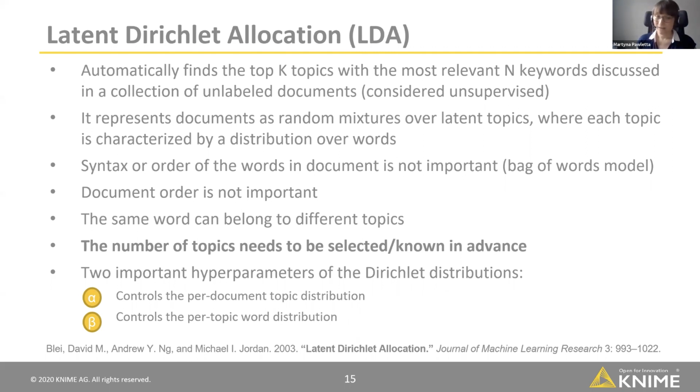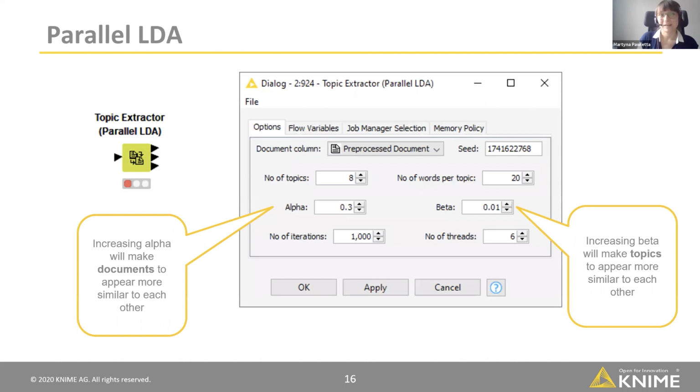Why do we need this mathematical information about the hyperparameters? This is the reason. This is the node that was implemented for topic modeling in KNIME. And in the configuration of the node, we need to set, of course, some parameters.